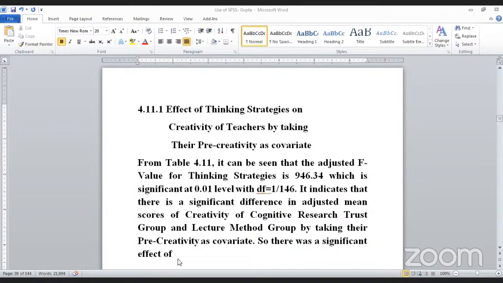So there was a significant effect of thinking strategy on creativity of teachers.